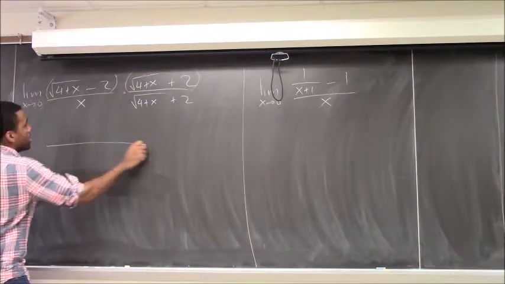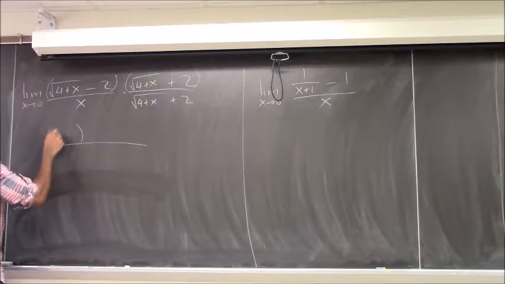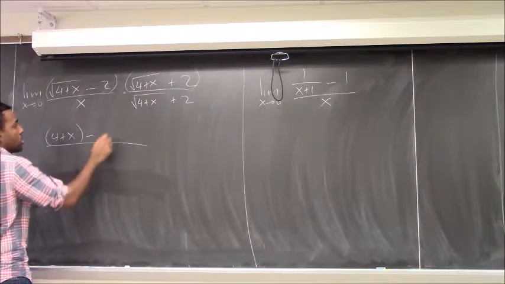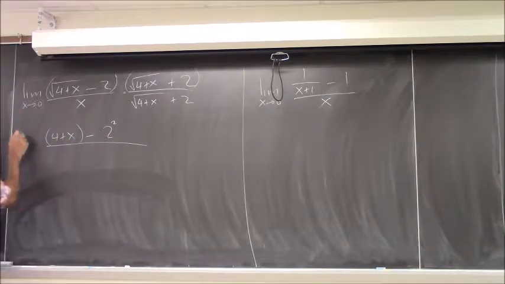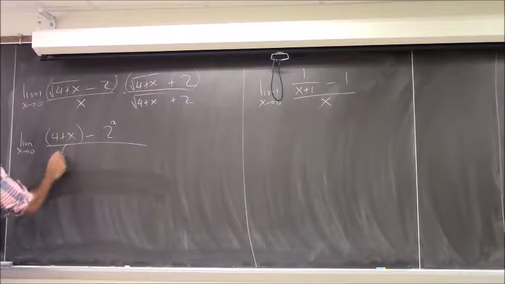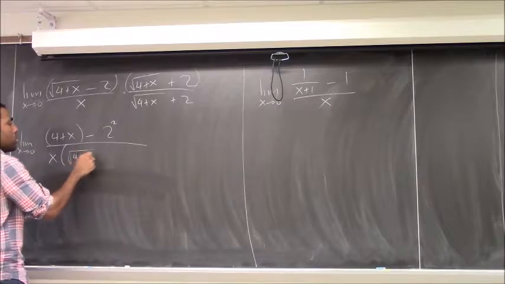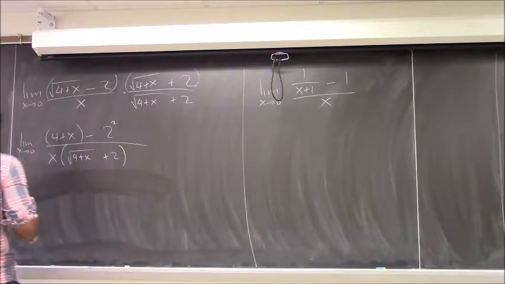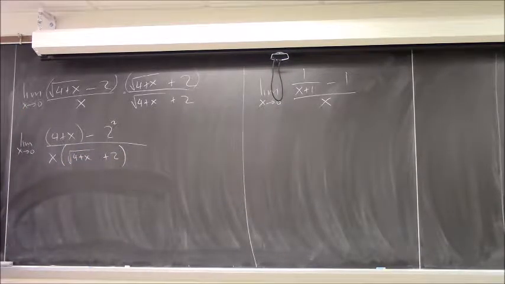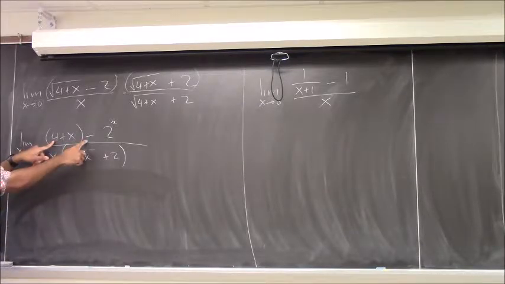So when we multiply those, we get a squared minus b squared. So that's what the numerator becomes. The denominator is just going to be x times this whole thing. The numerator we can now simplify a little bit, because that's a 4 minus a 4.